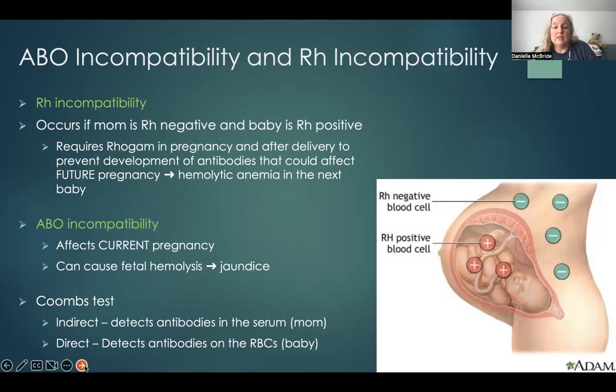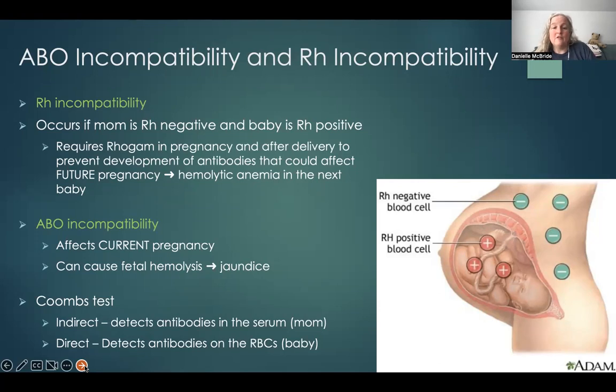And the reason for this is that we don't know if the baby's Rh is positive. If the baby's Rh is positive, the mom's body can determine that the blood from the baby is foreign and make antibodies towards it.